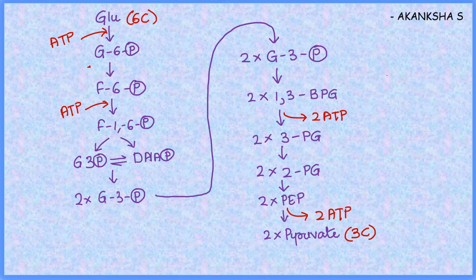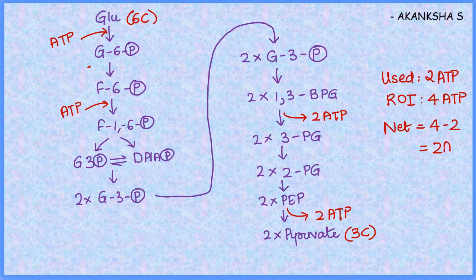So we utilized 2 ATP and the return on investment was 4 ATP. So net would be what? Net would be 4 minus 2. That is 2 ATP. That was a profit. Okay, so 2 ATP was the profit of glycolysis. I hope you have understood this particular section.